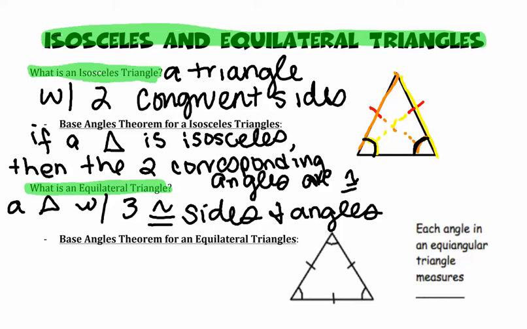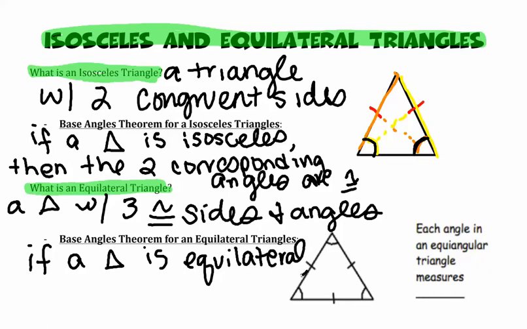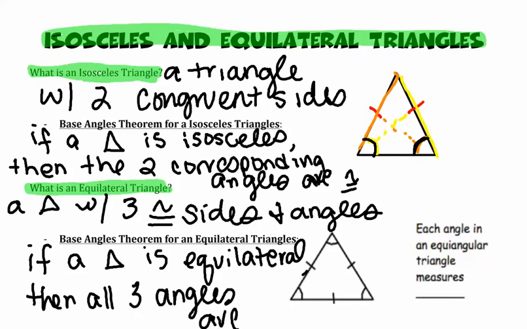So my base angles theorem just tells me that if a triangle is equilateral, then all three angles are congruent.